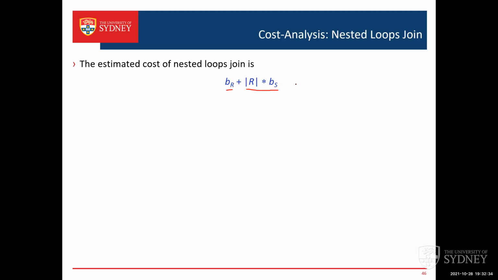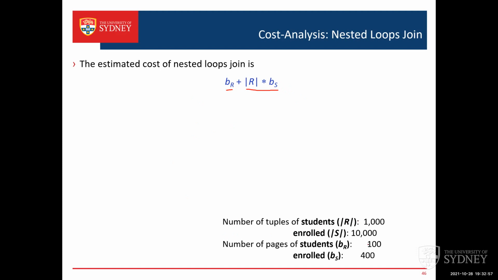Again, R means the outer table, S means the inner table. If we change that, putting S as the outer table and R as the inner table, the equation will change. That time it will be BS plus S times BR. Hopefully you understand that part.